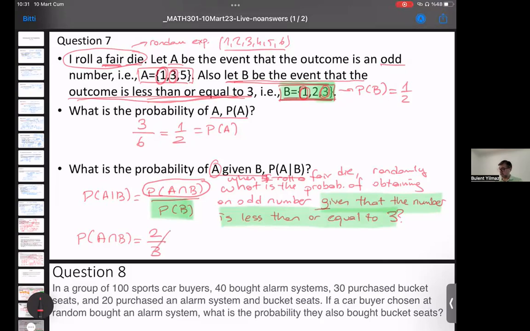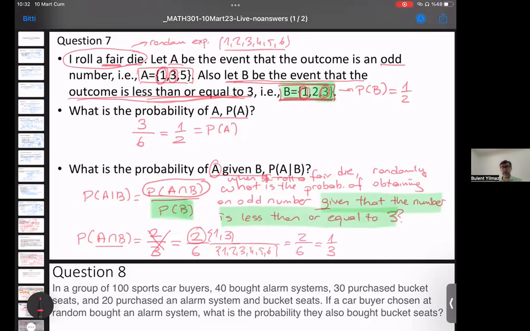It's not going to be 2/3, it's going to be 2/6, right? 1 and 3 are odd numbers less than or equal to 3, and all the numbers that I have in hand are 1, 2, 3, 4, 5, 6. So it's going to be 2 over 6, which is 1 over 3.